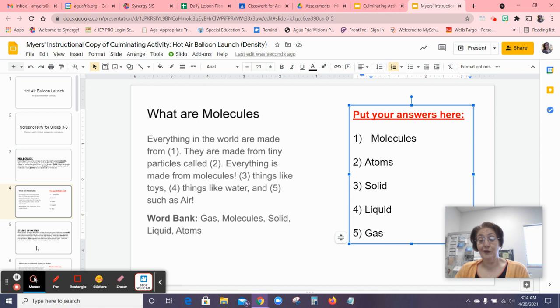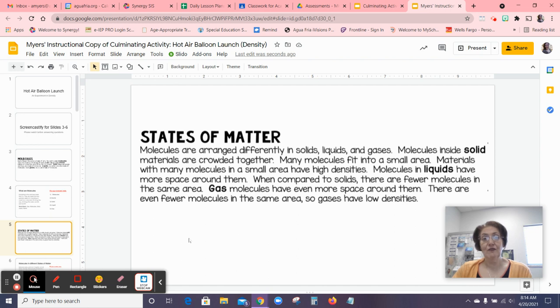Now remember, what's cool about the Screencastify is you can stop and pause and do all that kind of stuff. All right, states of matter. Molecules are arranged differently in solids, liquids, and gases. Molecules inside solid materials are crowded together. Many molecules fit into a small area. Materials with many molecules in a small area have high densities.